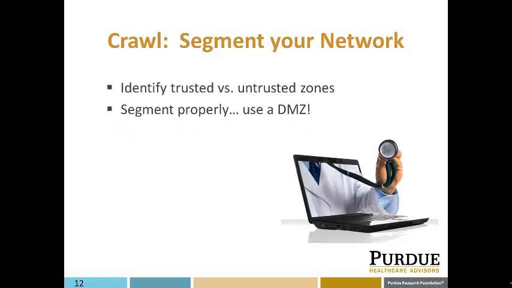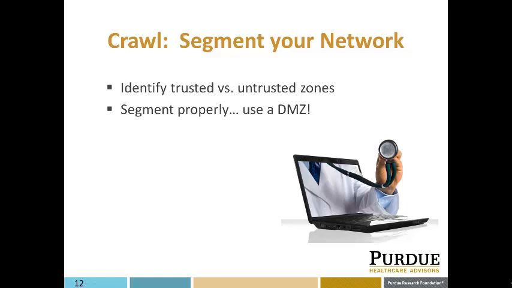I'll talk about that a little bit in a second, but we need to know these trusted zones so that we can properly segment our network. For instance, you wouldn't want an untrusted resource, whether that's an inpatient's laptop that they bring in to connect to your guest wireless network, getting access to your administrative network, right?